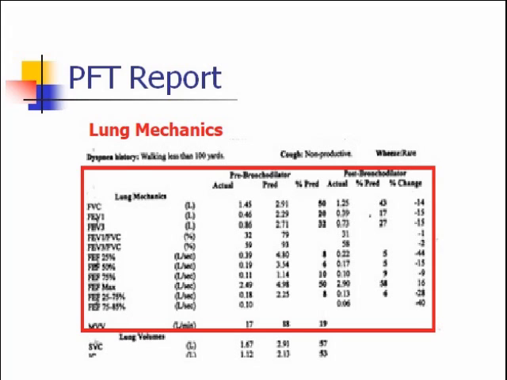Now, if we want to know if a bronchodilator is affecting or benefiting the patient, this is where we would look, in the post-bronchodilator section. And we look at the percent change, and most of these we want to see a 15% improvement.